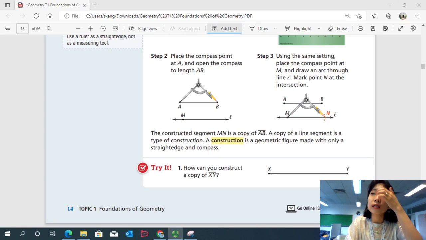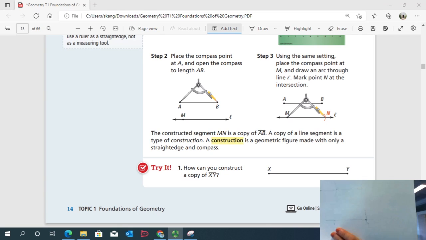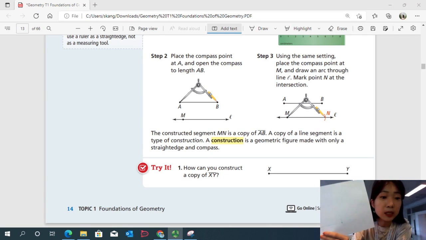We're back. So for try number 1, you should have a copy of the segment XY using the same steps.